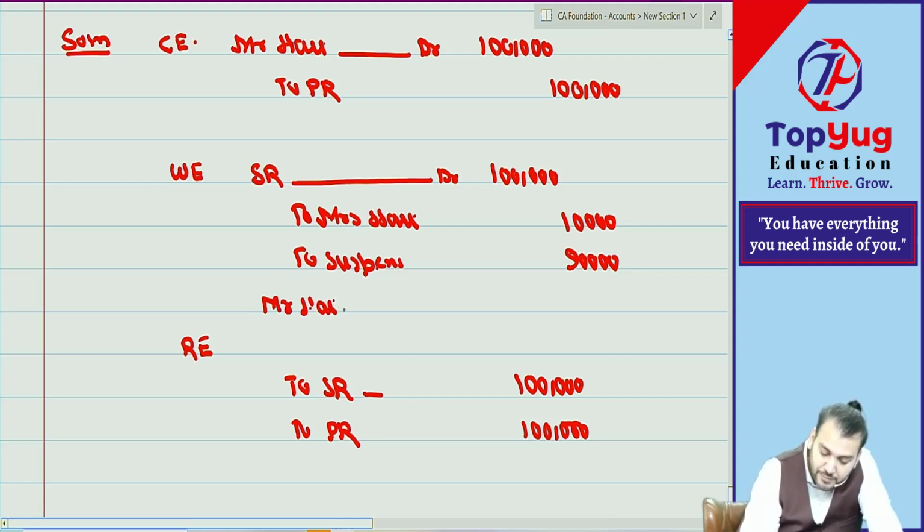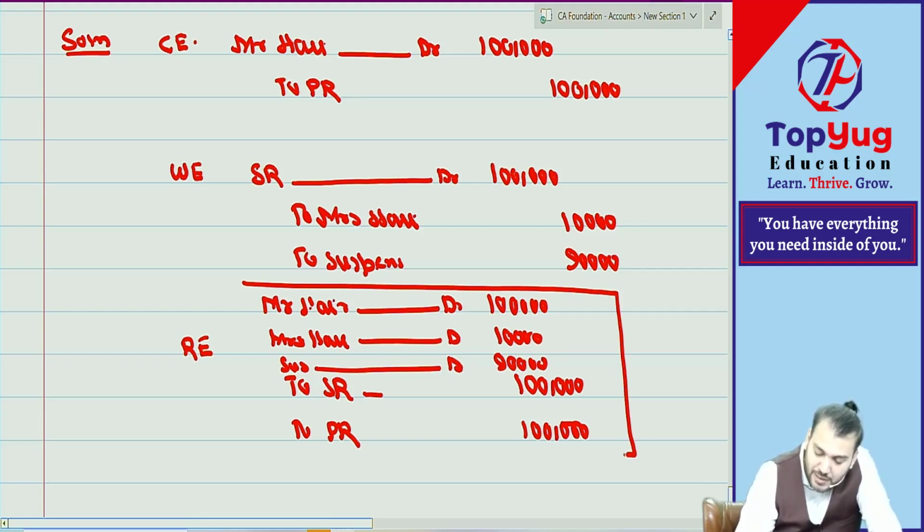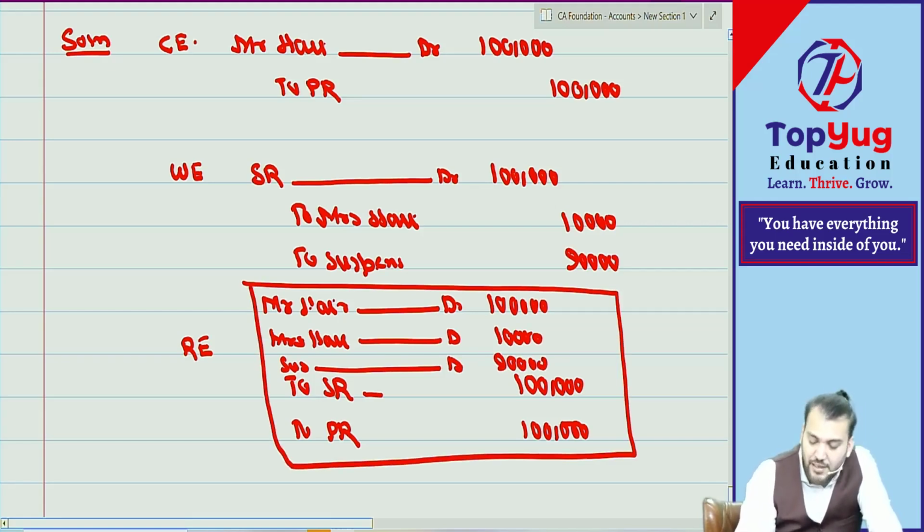Mr. Hari will be debited by 1 lakh. Mrs. Hari will be debited by 10,000. And suspense will be debited by 90,000. Check, the total will agree.